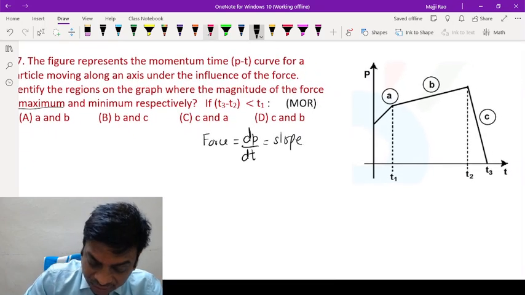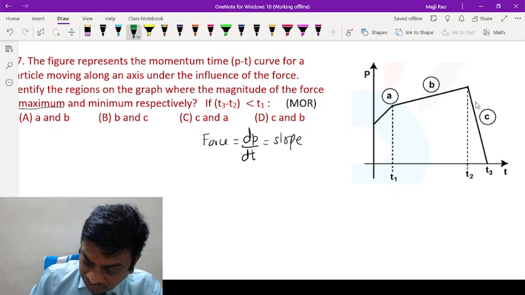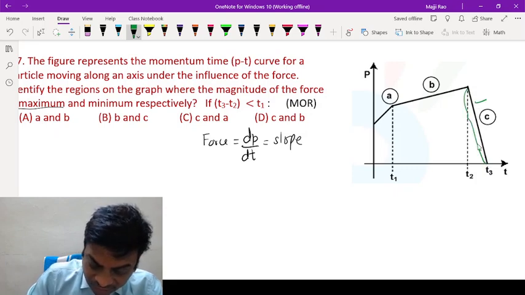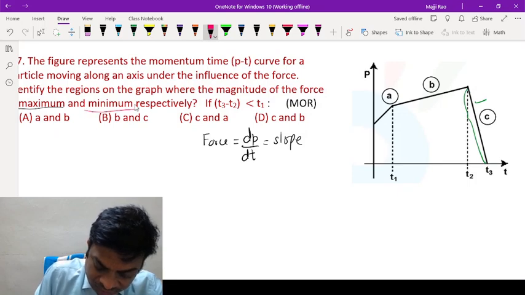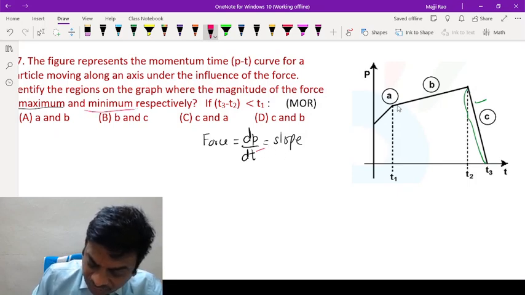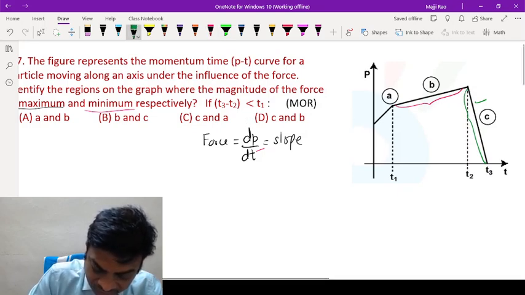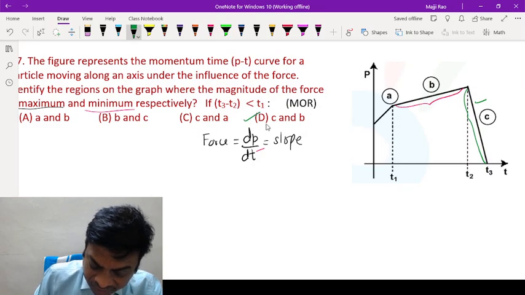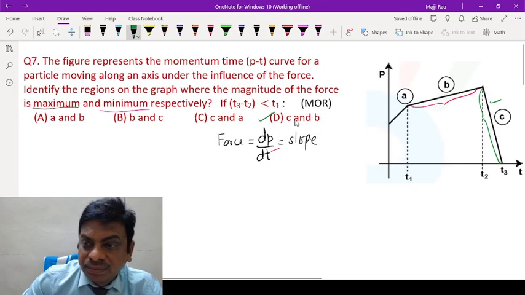Here we can see the steepness is maximum for the C part. Whereas for minimum force, steepness should be minimum, and you can see B part steepness is minimum. So maximum at C and minimum at B.